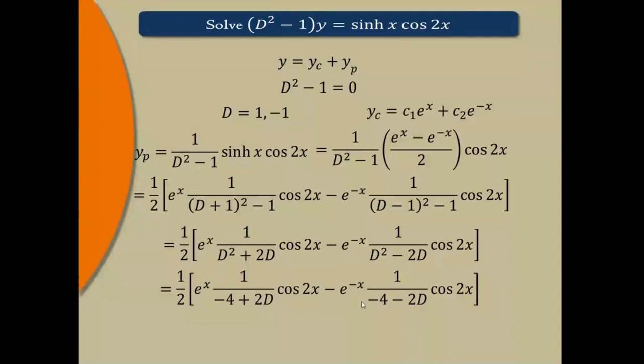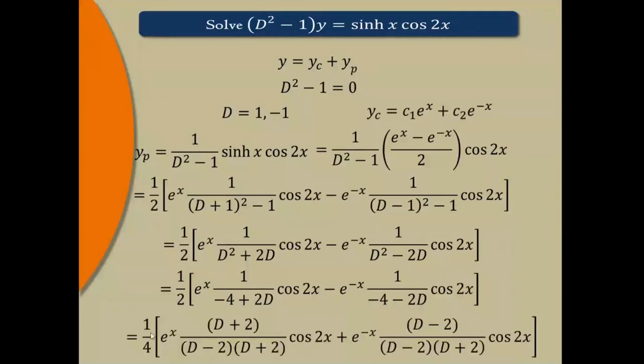From this you take minus 2 common, minus minus becomes plus, and this becomes 1 by 4 by taking 2 common. Even if you take 2 common, it becomes D minus 2, and if you take minus 2 common, it becomes D plus 2. So here multiply and divide by D plus 2, and for D plus 2, multiply and divide by D minus 2. This is the rationalization we are doing.